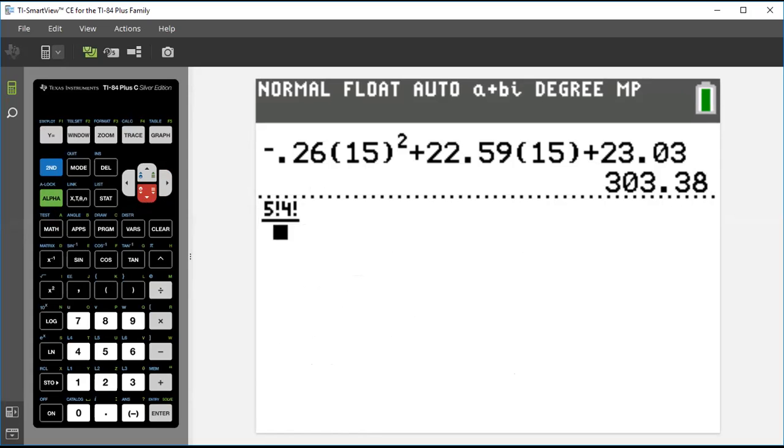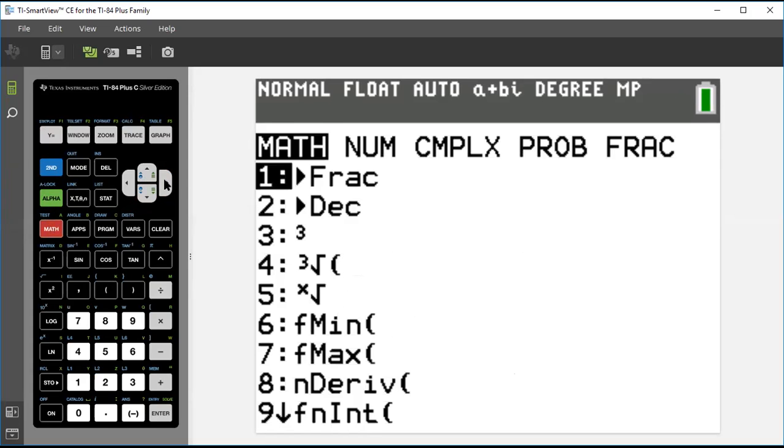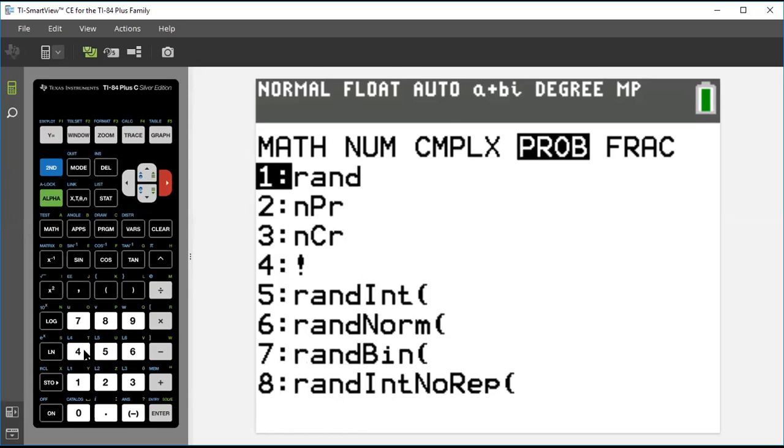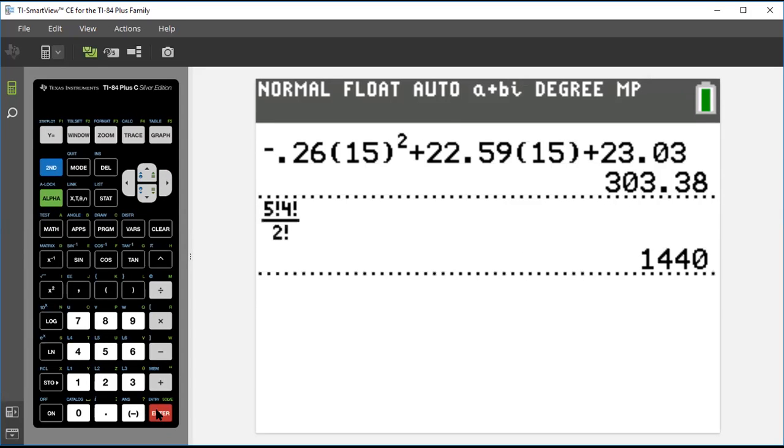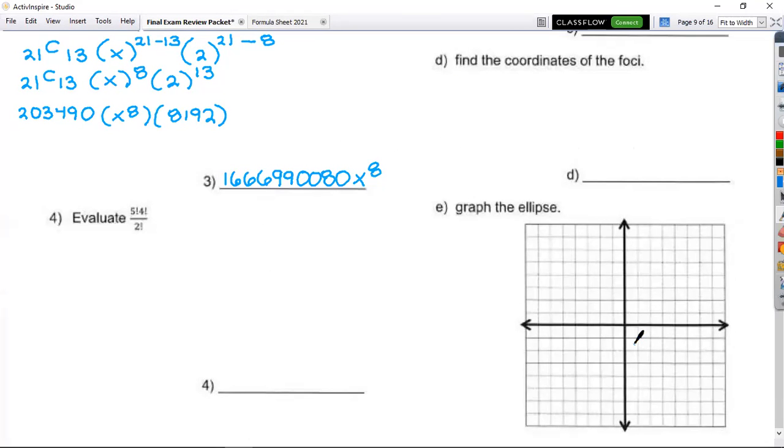Thank you, appreciate that. So 2 factorial, and answer 1,440. That's it. Just making sure you know how to use that again. That was option number 4. So 1,440.